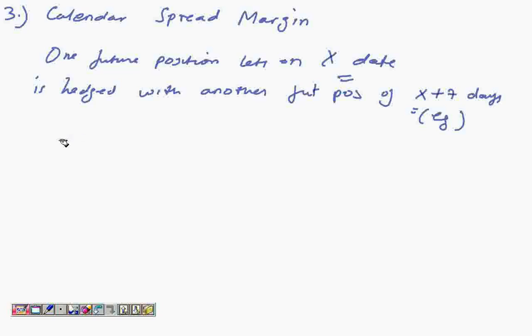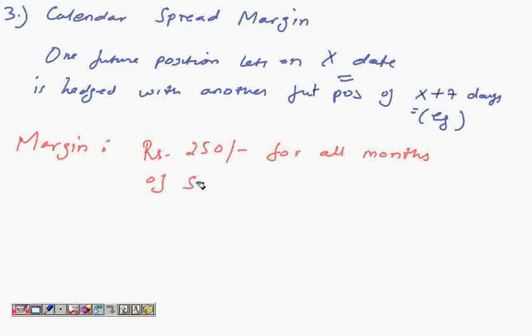Now the margin which has been fixed for a calendar spread is rupees 250 for all months of the spread. So you can just recall it and keep this fact with you, that the margin on a calendar spread is rupees 250 for all months of the spread.